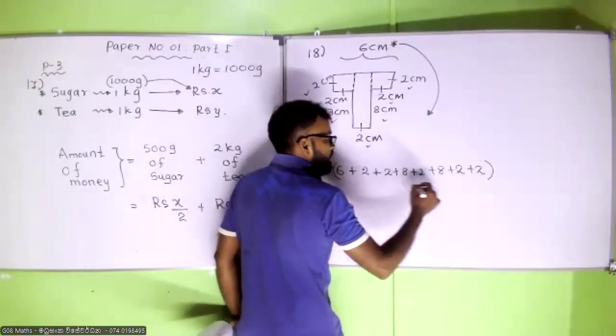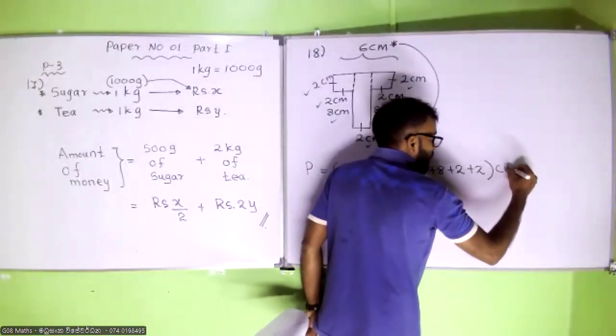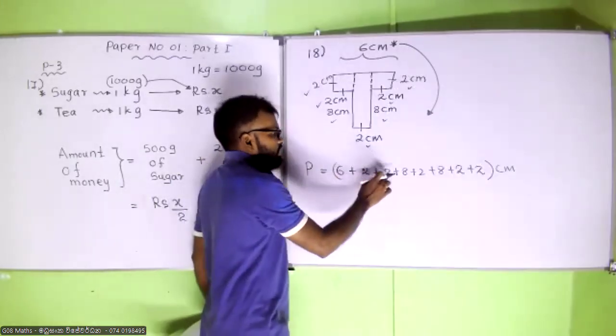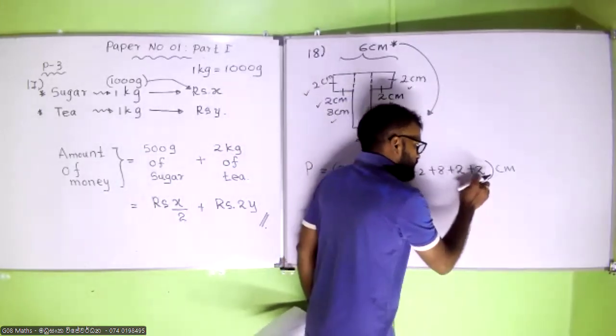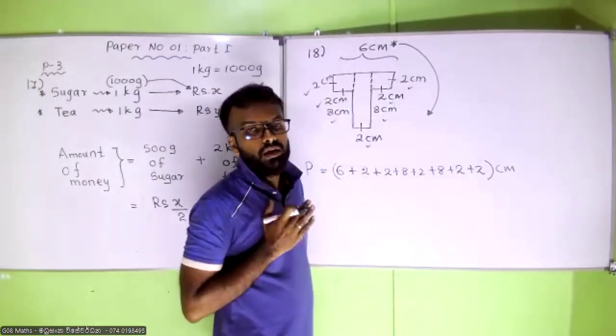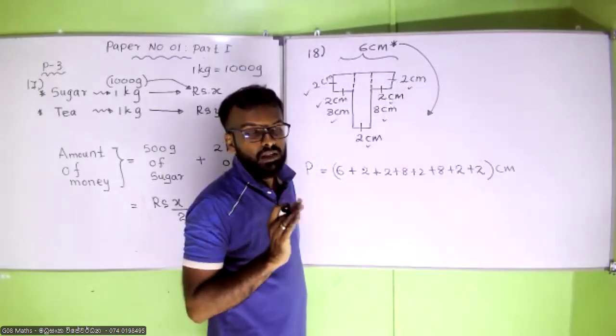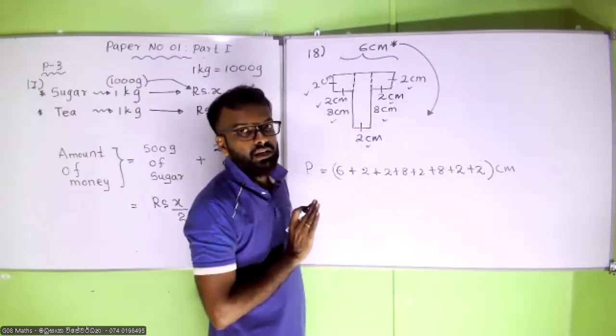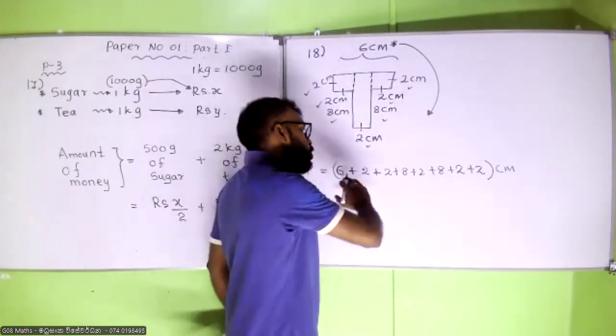Close brackets. I will put centimeters at the end. I am not going to waste my time by putting centimeter, centimeter, centimeter like that. Because centimeter is a common word, I have put it at the end.